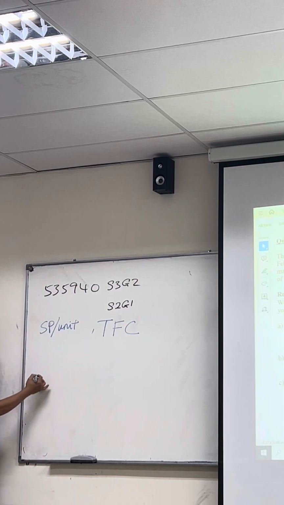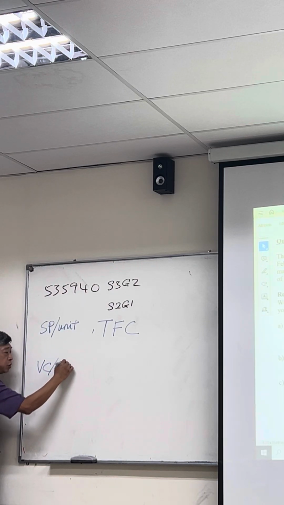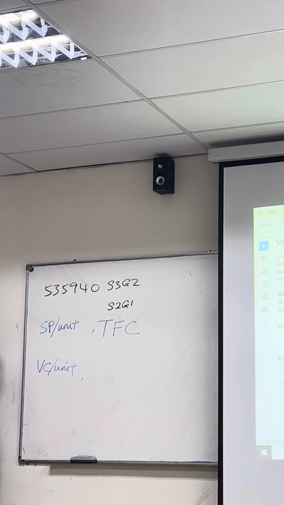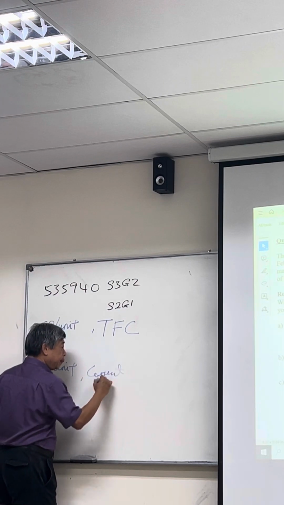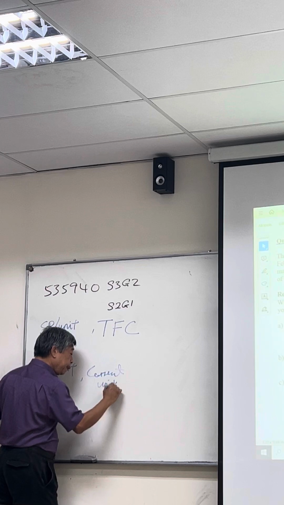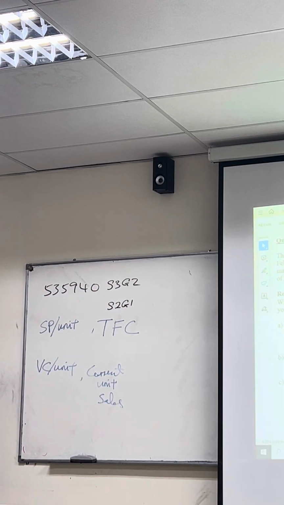What else do you need? Variable cost per unit. What else do you need? Current unit sales. You need all 4 information. Find these 4 information from the case.